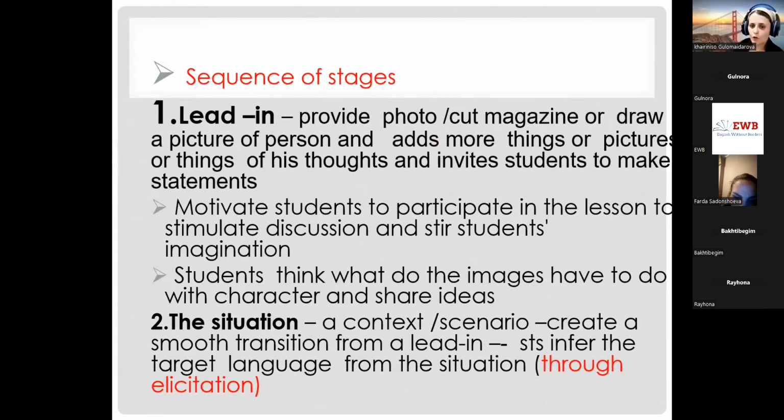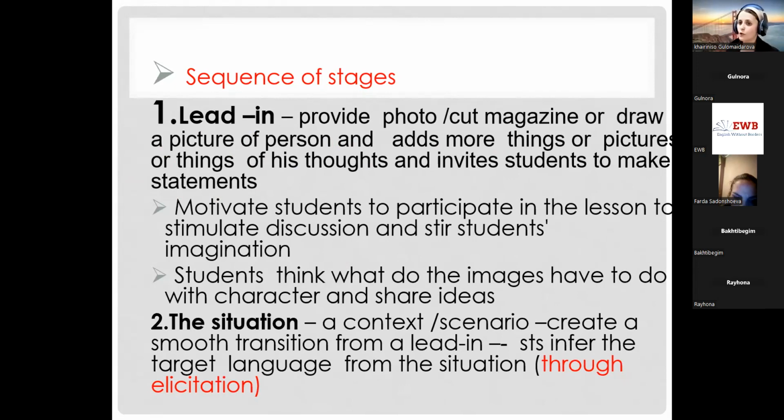So, of course, if you teach with this kind of method, there are stages you have to follow. The first one is lead-in, where you provide a photo, or you cut this photo into pieces, or just draw a picture. If you are very good at drawing, for example, you draw on the board and add some things around this person or character.